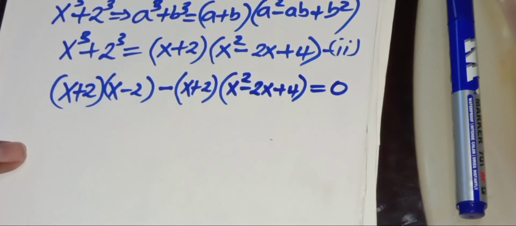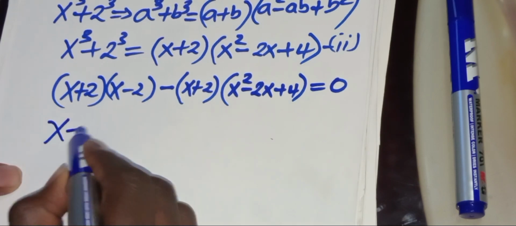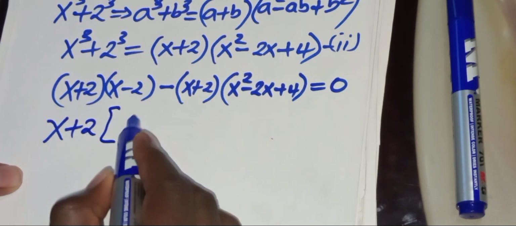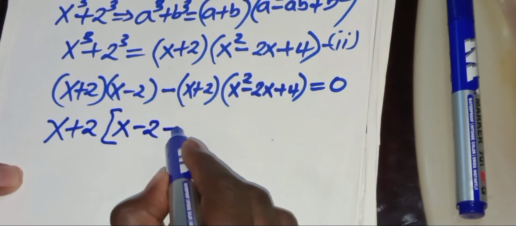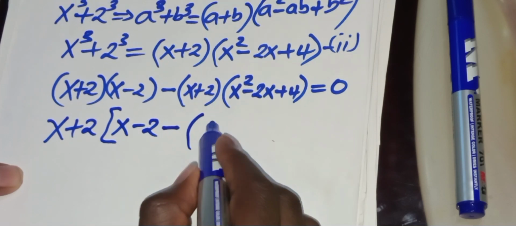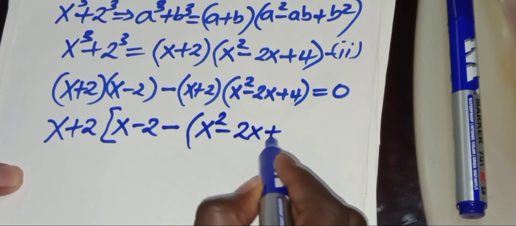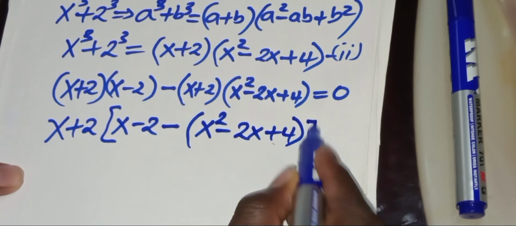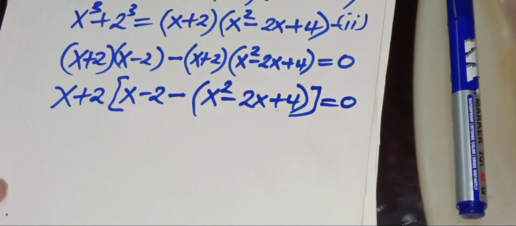Now x plus 2 is common here, so we factor out x plus 2, so that we'll have x minus 2, subtract x to power 2 subtract 2x plus 4, equal to 0. All right, so we have two parts here.